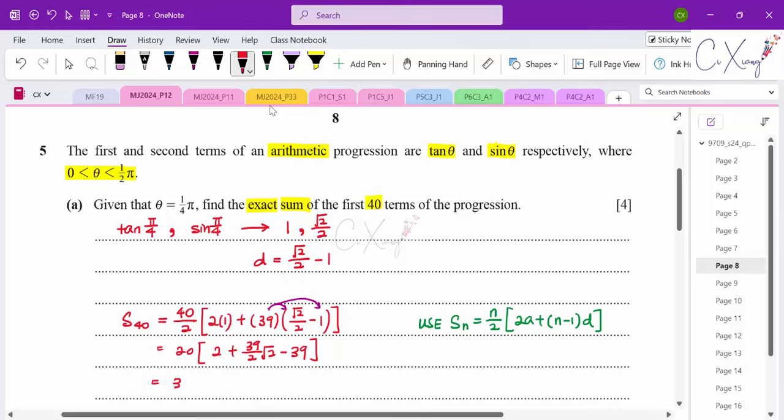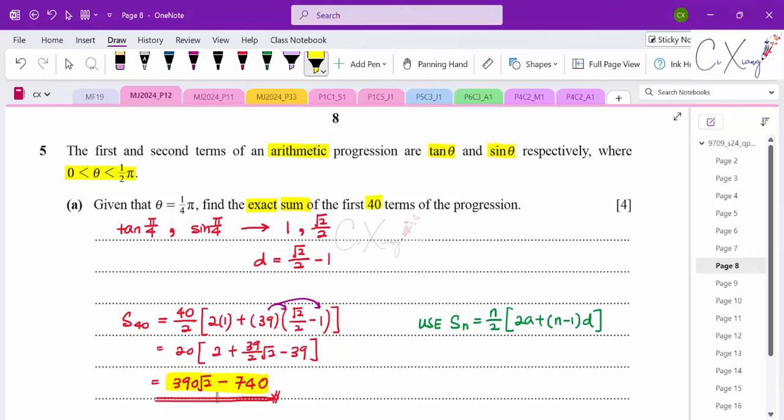By right, you will have 390 square root 2 minus 740. I want to keep my answer this way because they are asking for the exact sum. Exact sum means that your final answer must be in surd form, pi form or exponential form, and cannot be a long decimal number. So this is the exact sum that I can have.